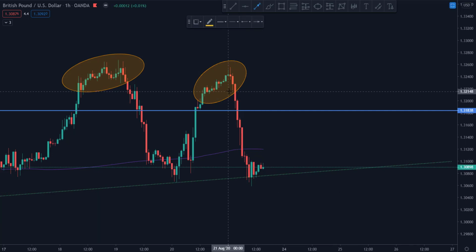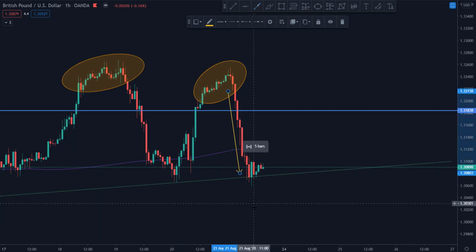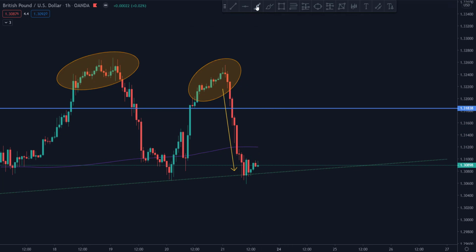So maybe the price is basically in an exhausted mode. What is happening here currently is a consolidation zone, and then a little retracement.